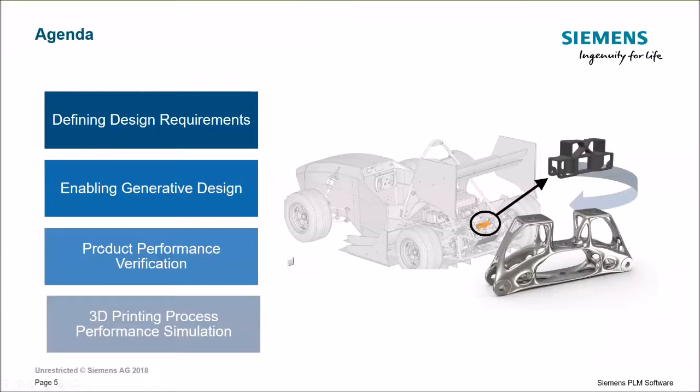Then we will go through a third point, which is also very important, about evaluating the performance of parts or components of a product that have been redesigned or newly adapted.